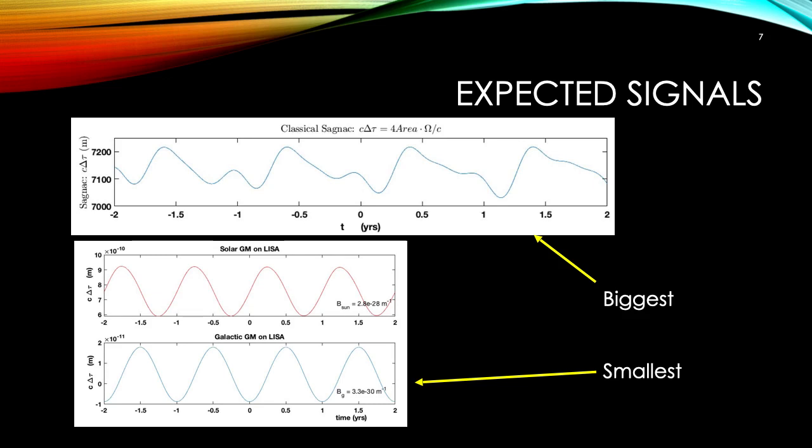Now, the problem is that there is a difference in orders of magnitude, many orders of magnitude, between the Sagnac contribution and the other two, the physical ones. This is the challenge we have to face.